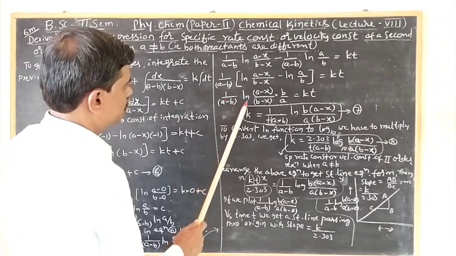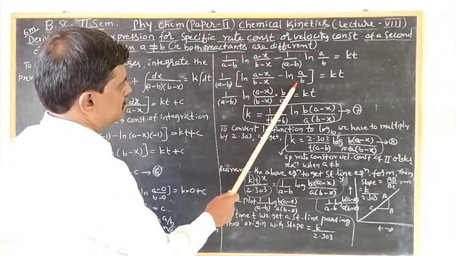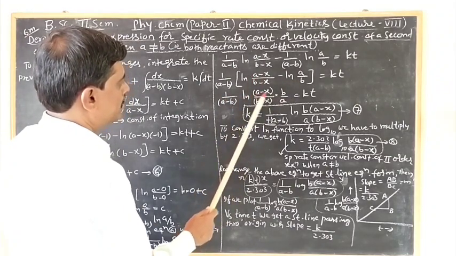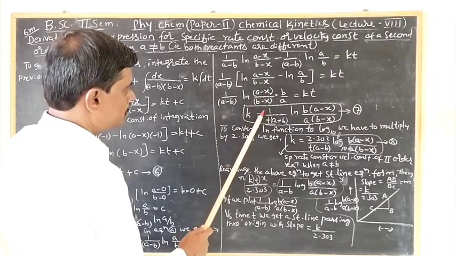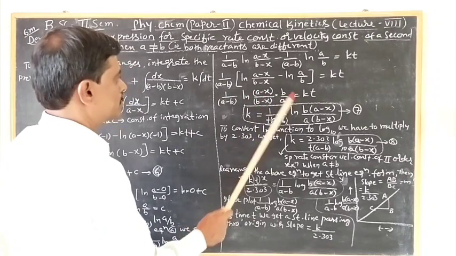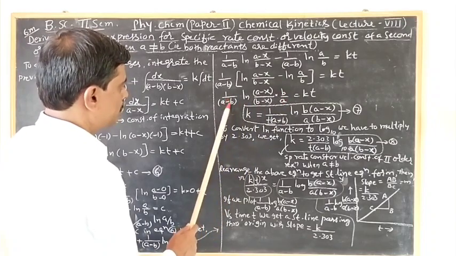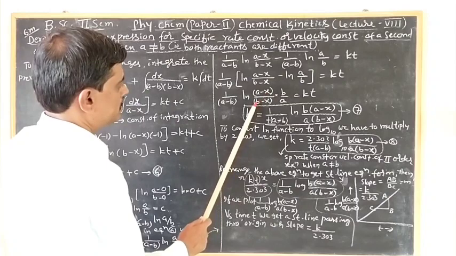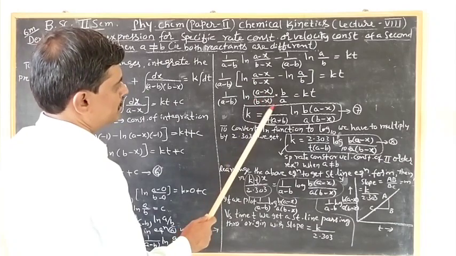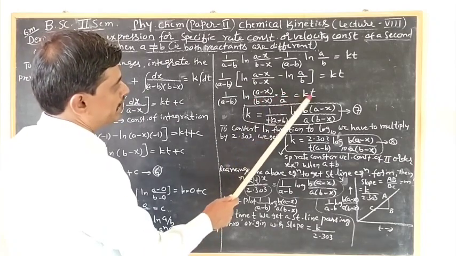So 1 by a minus b into, again it is a type of log a minus log b, so it is ln (a minus x) by (b minus x) divided by b by a. So a by b is becoming b by a here. So this is totally 1 by a minus b into ln (a minus x) into b divided by (b minus x) into a is equal to k into t.